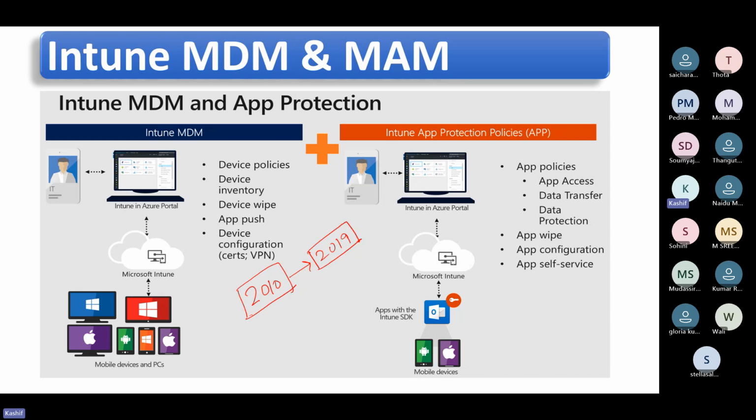When the devices are not inside the premises, it has a lot of challenges and issues. So Intune came as a savior. Since 2019 to 2025, it is getting implemented almost everywhere because Intune manages devices all over the globe on the internet.